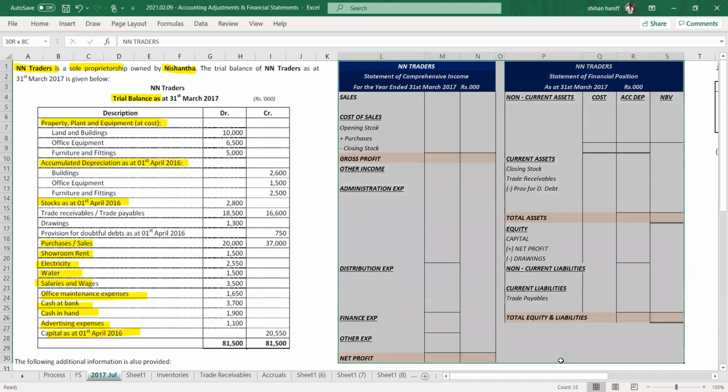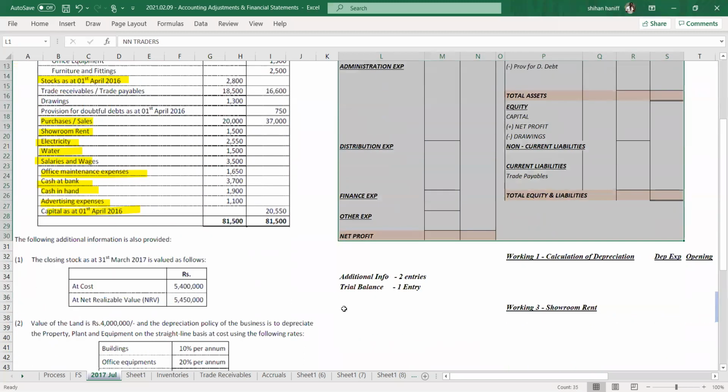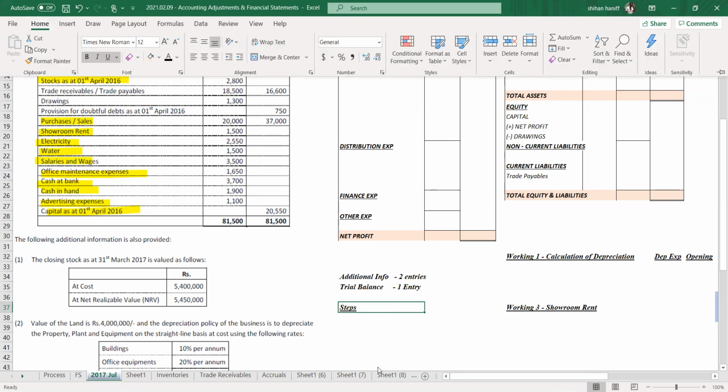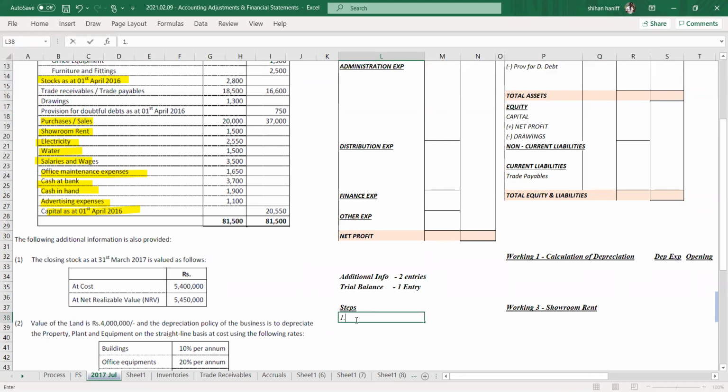First step is drawing the format. Step 1 is the format, and step 2 is the additional information. I'll write the steps in final account questions. Number 1 is format. You need to draw the format. Number 2, additional information. Step number 3 is trial balance.